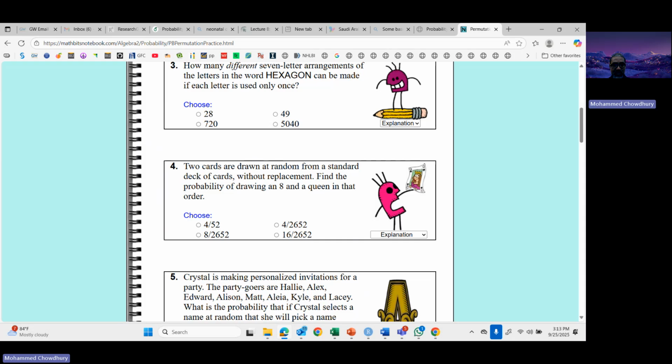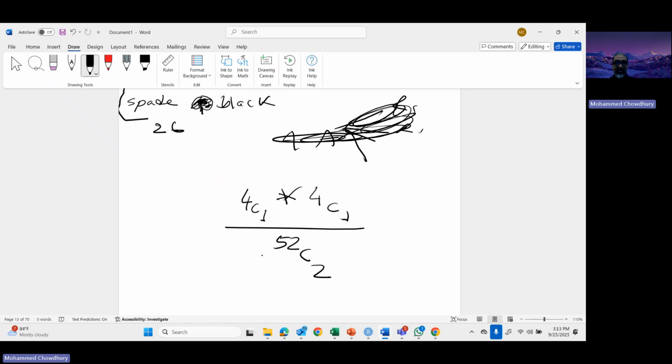So this is the answer. It should be 16 over 52 choose 2. They did not consider jokers. Okay. So are you understanding these things?